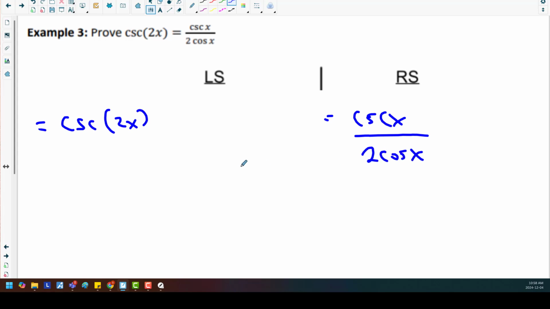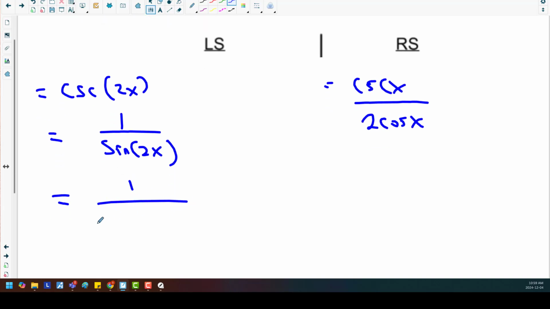The first thing I'm going to do is rewrite this in terms of one of the primary trig ratios, so sine, cos, or tan. So cosecant is, which one again? If you remember, it's sine. And sine 2x is just 2 sine x cos x.